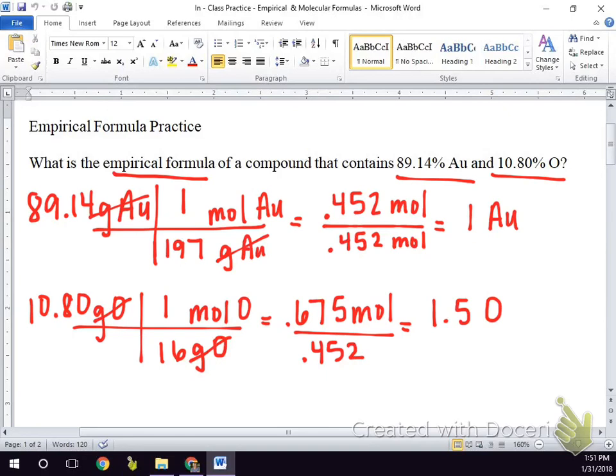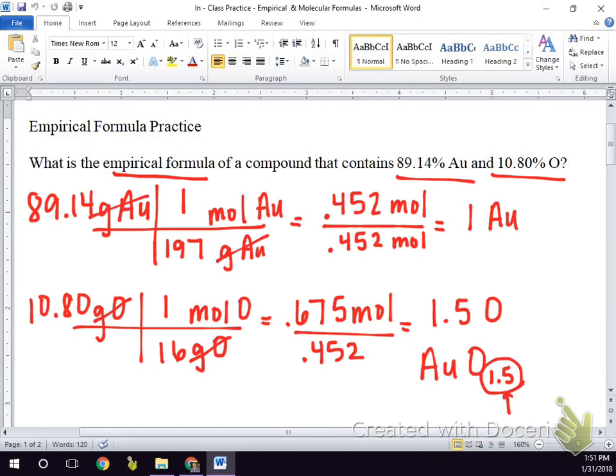So here's something that we need to think about. As we go to build our compound, can we have AuO 1.5? Do we ever see things with fractions here or decimals? No. So what do you think the solution might be to that? Multiply by 2. Right? Get this to a whole number.